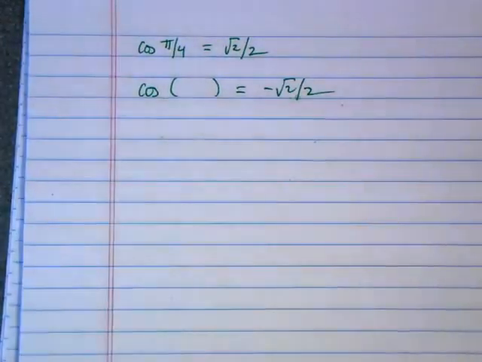What's the angle in quadrant 2? Cosine is negative in quadrant 2, so I'm going to get negative square root of 2 over 2. What's the angle in quadrant 2 that has pi over 4 as a reference angle? Three pi over 4. Why 3 pi over 4? Because it's a little bit smaller than pi. It's a little bit smaller than 4 pi over 4.